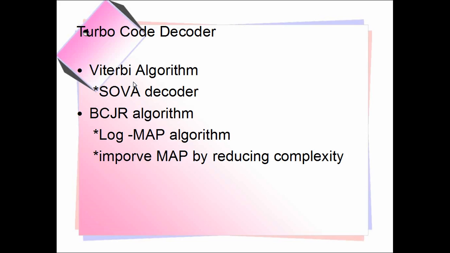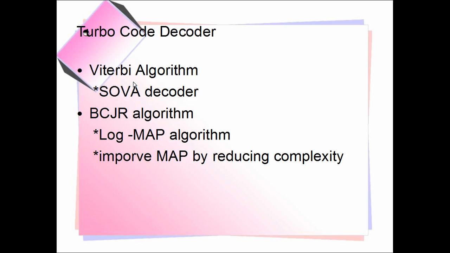The BCJR algorithm improved the MAP algorithm by reducing complexity, which means the BCJR algorithm is a log MAP algorithm.